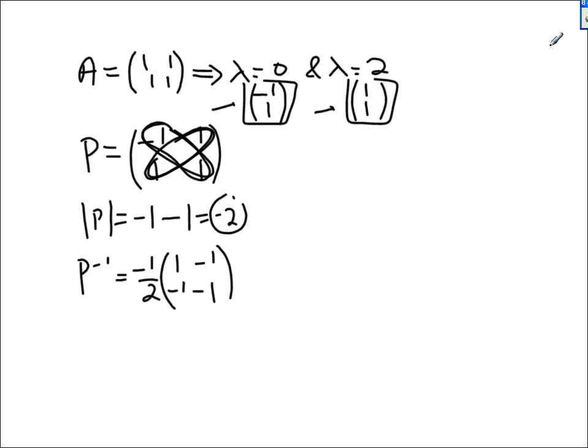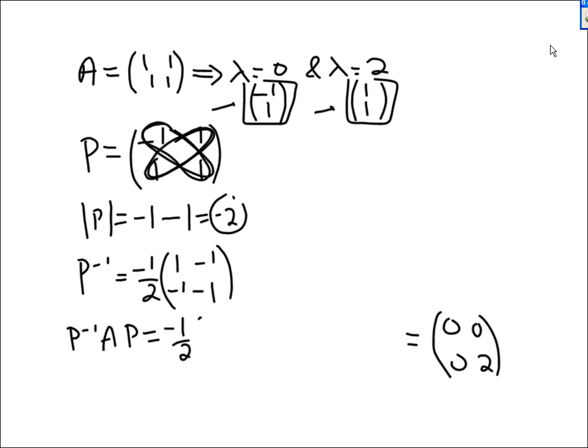Now, if I compute P inverse times A times P, in the end, I'm going to get the eigenvalues on the diagonal, 0 and 2, and zeros elsewhere. And that is simply unbelievable. I get negative a half, 1, negative 1, negative 1, negative 1. That's P inverse.